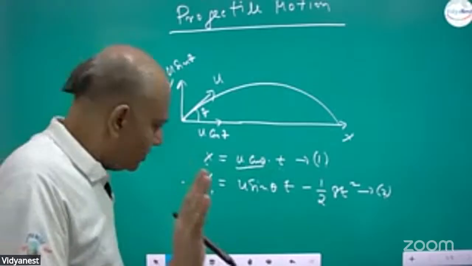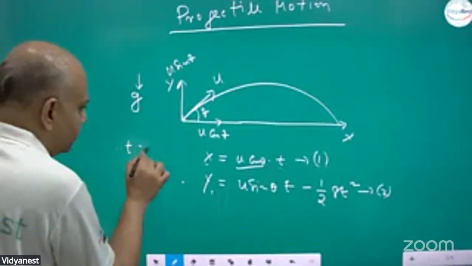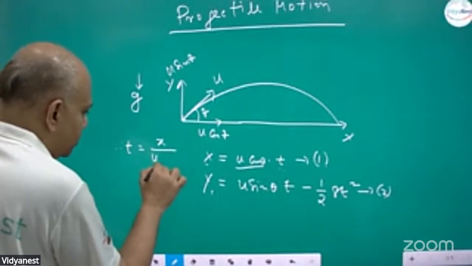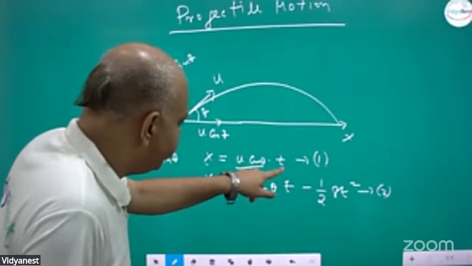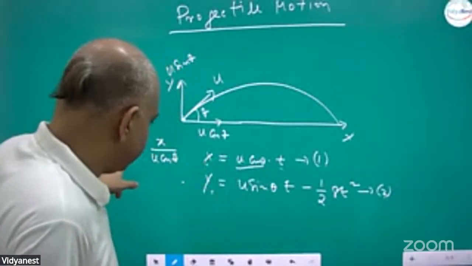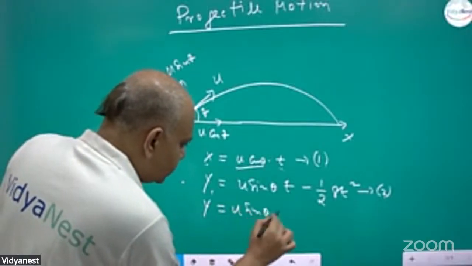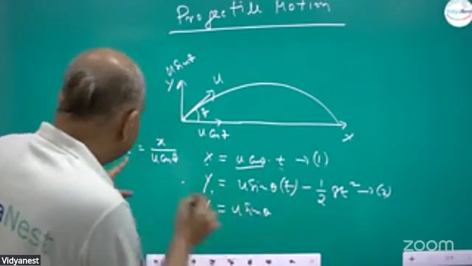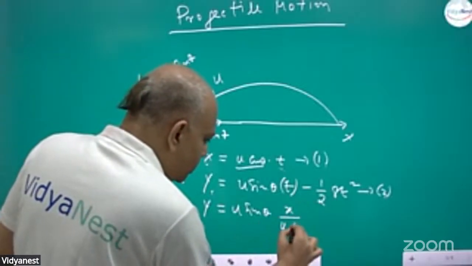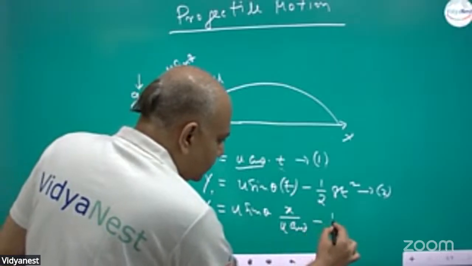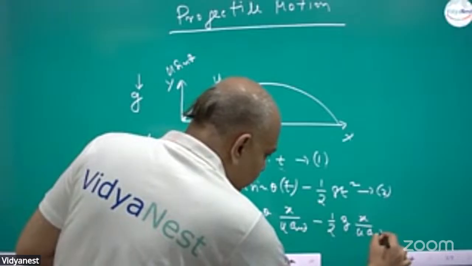So the time can be represented as x divided by u cos theta, from the first equation. Similarly, for y I can write u sine theta, and instead of t, I replace it by x divided by u cos theta, minus half into g, x divided by u cos theta whole square.